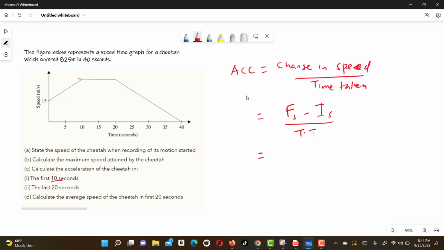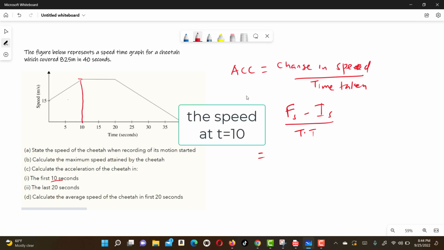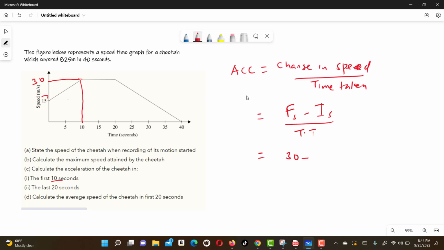The final speed in the first 10 seconds is the maximum speed, which is 30, minus the initial speed, which is 15, divided by the time taken. That's the same as 15 over 10, and the acceleration is 1.5 meters per second squared.